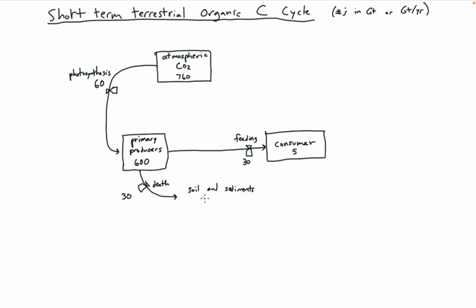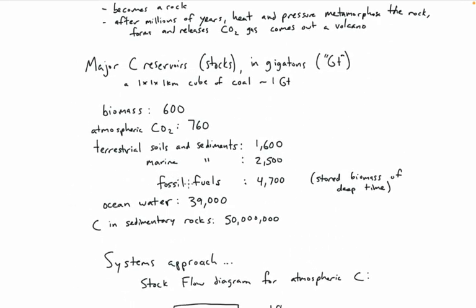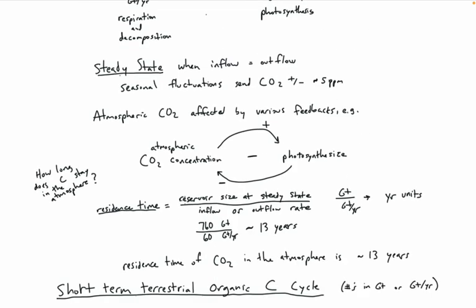And the size of that reservoir is around 1600. So we can scroll back up here, right? You can see we're going through a lot of these reservoirs that we mentioned earlier, terrestrial soils and sediments.